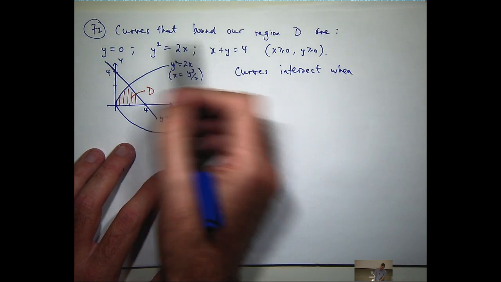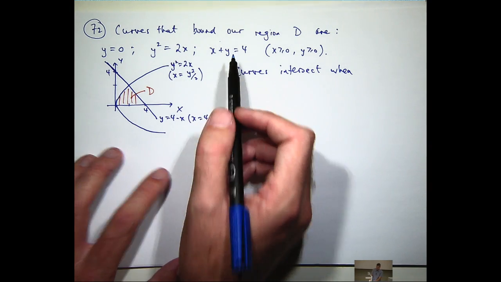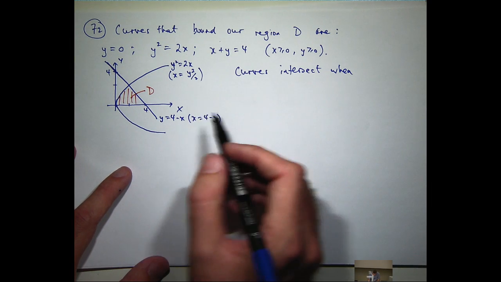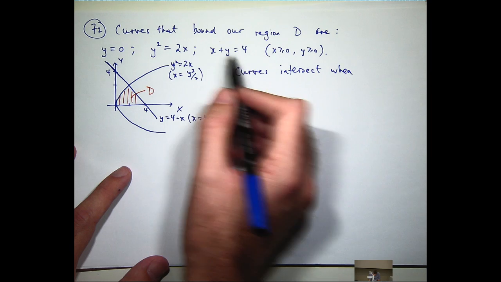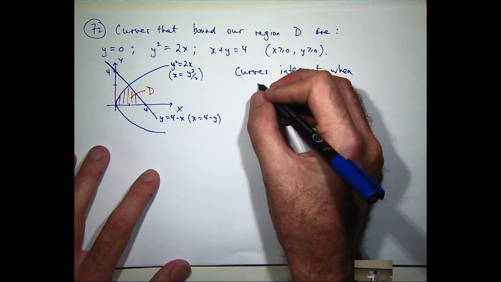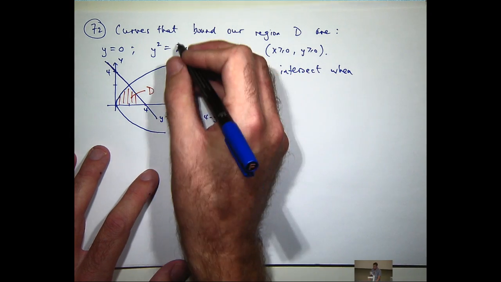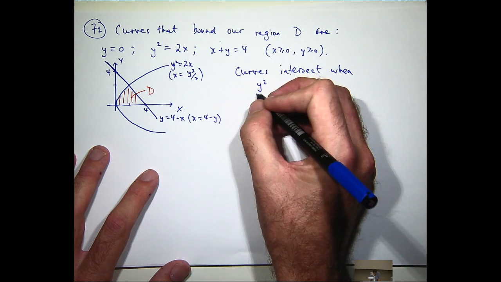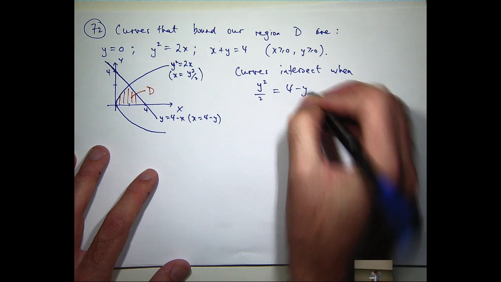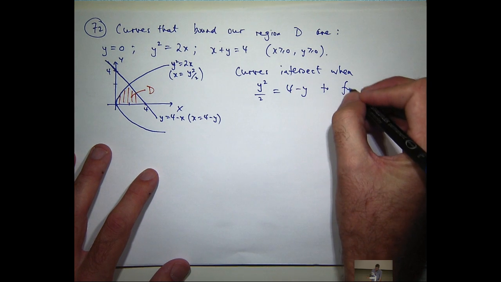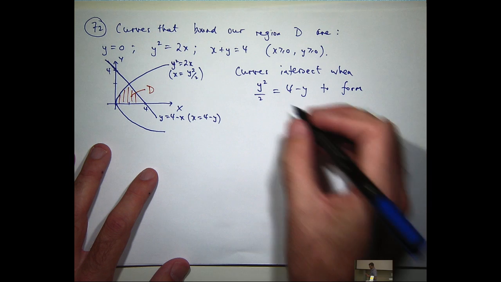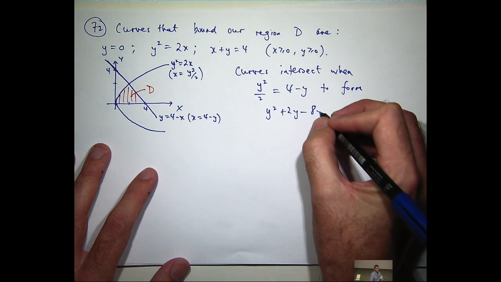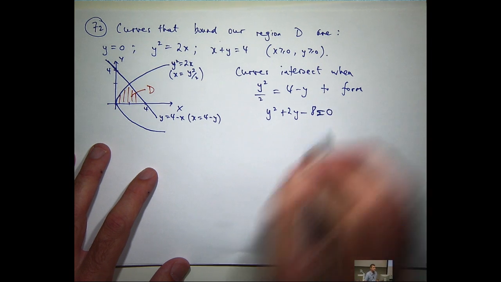Basically just put one into the other. I'm going to eliminate the x because the y point's what we're interested in here. So I take y squared on 2 equals x, and x equals 4 minus y. If I rearrange that, I'm going to get a quadratic, y squared plus 2y minus 8 equals 0.